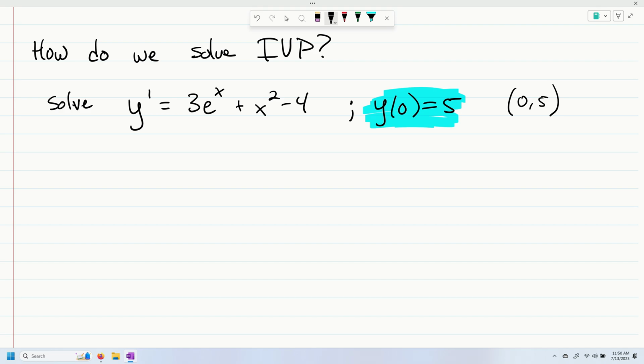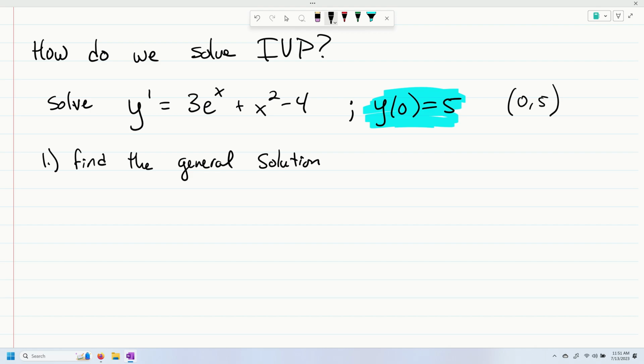That's it. So the first step in solving an initial value problem is to find the general family of solutions. So the first thing we're going to do is find the general solution.